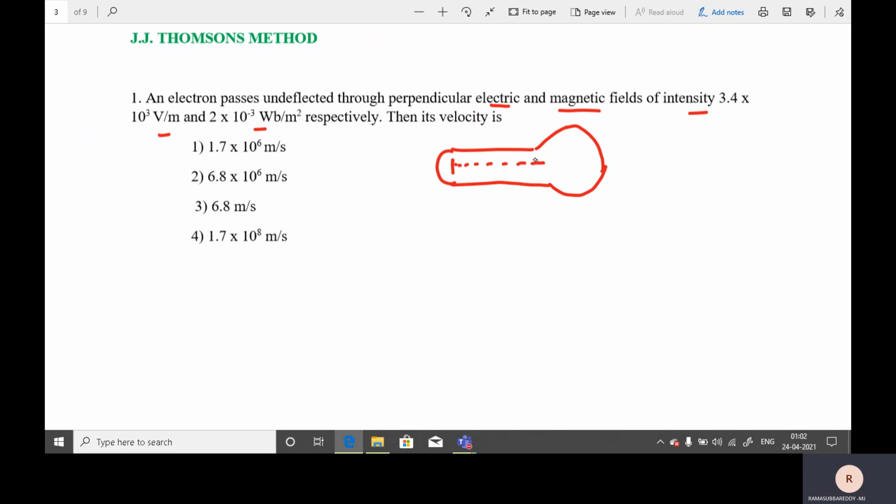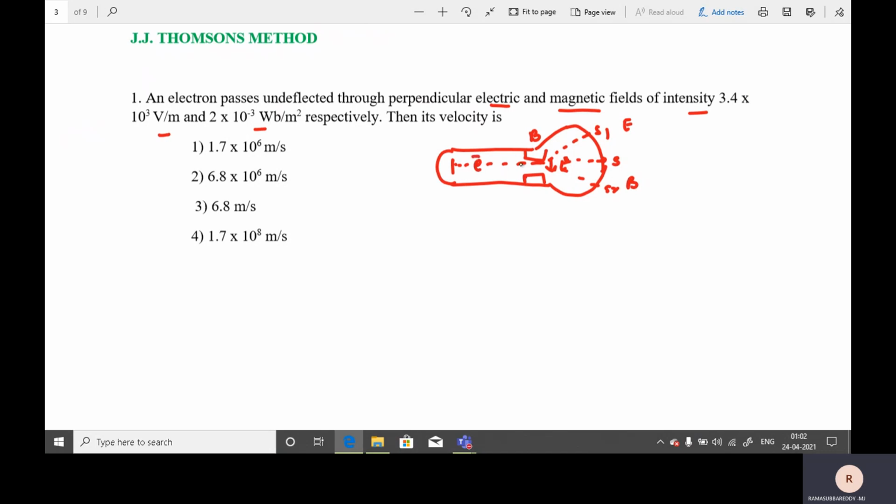This is the electric field and this is the magnetic field. If it is undeflected, it means it is moving straight. If it is deflected, S1 and S2. This is in the electric field. This is in the magnetic field. We discussed in concepts. Okay.